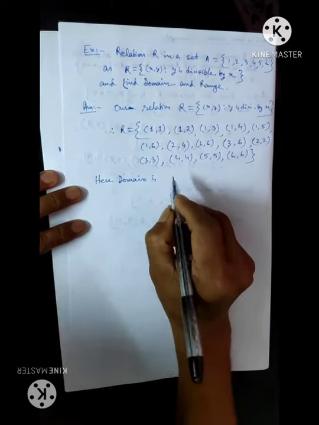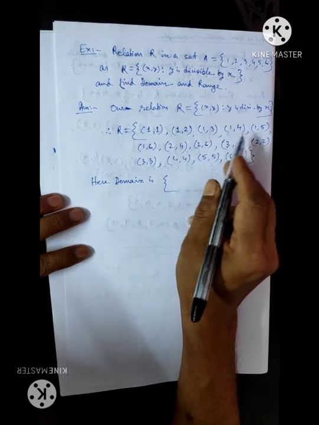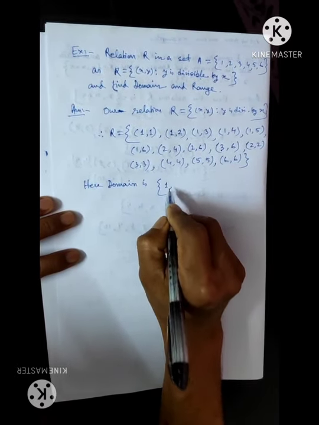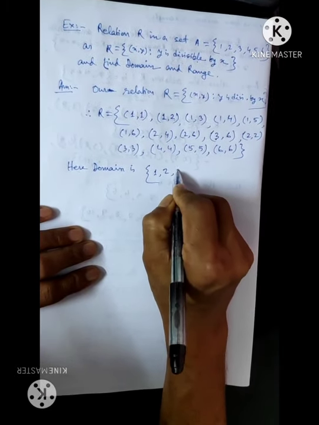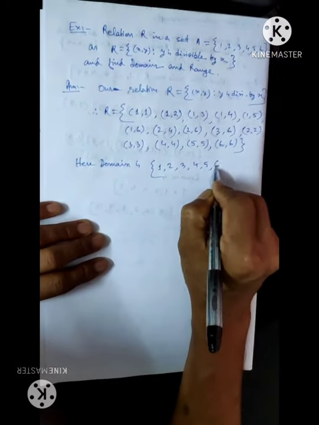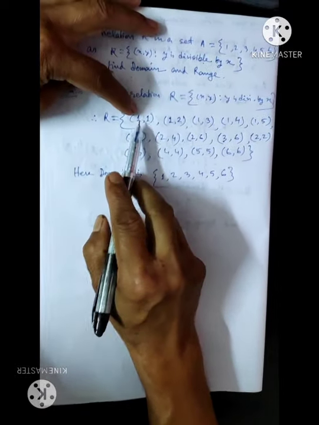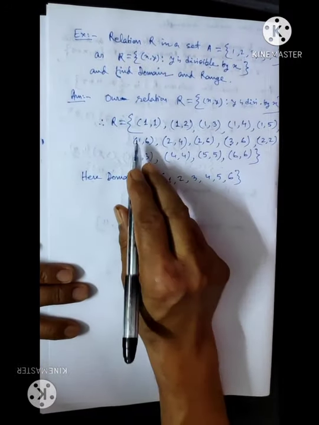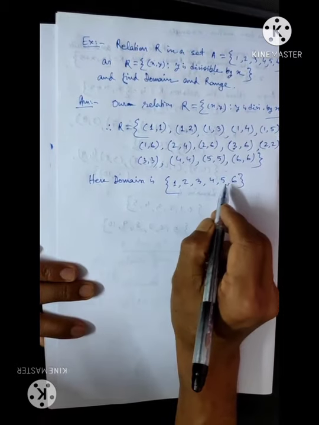The domain is 1, 2, 3, 4, 5, 6. We should not write the same elements again and again, so we write them only one time. And the range is 1, 2, 3, 4, 5, 6.